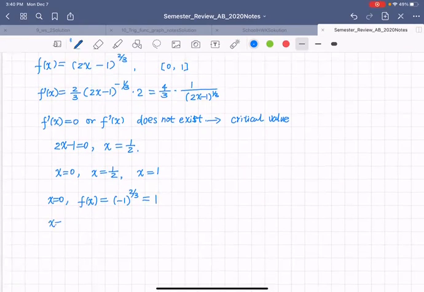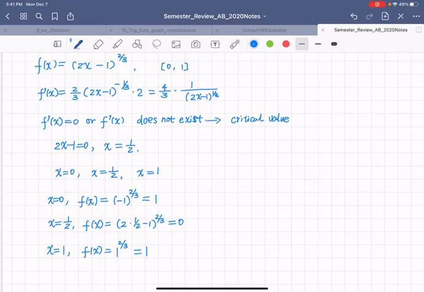When x equals 1/2, f(x) equals that is 0, right? So this is 0. When x equals 1, f(x) equals 2 minus 1, that is 1. So this is still equal to 1, right?